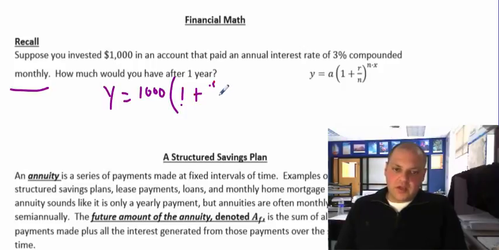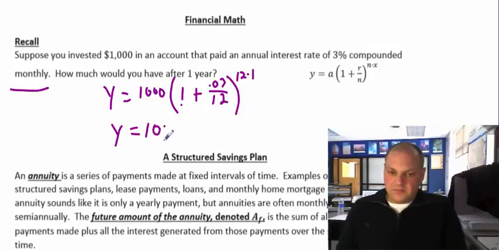So r was 0.03 over n, which is 12 because you're compounding monthly. 12 times x is 1 because it's only 1 year. And then you would just throw that in the calculator, right?